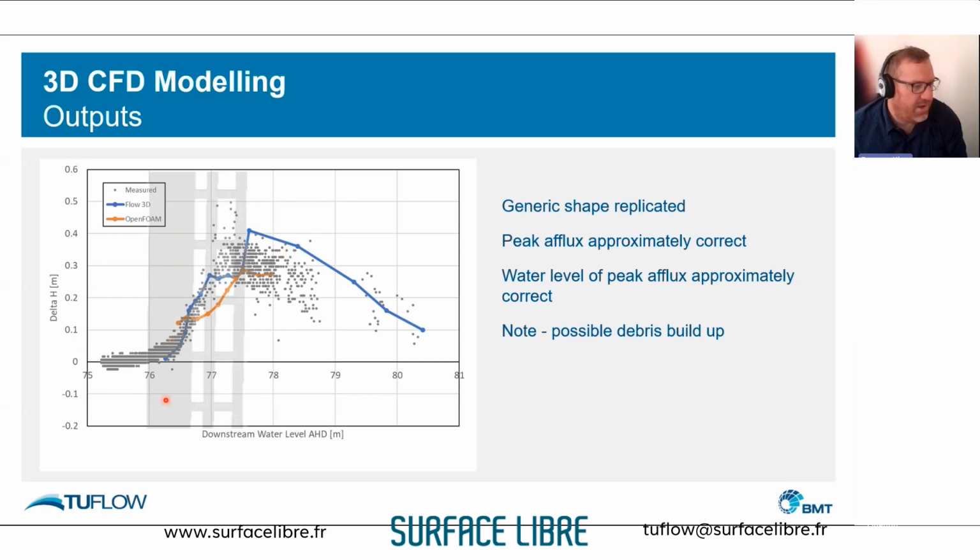So below the soffit, no energy losses associated with the deck. We then have the energy losses, and once the water levels get to roughly 1.6, then they start to recede.